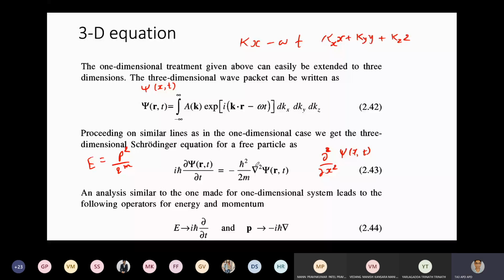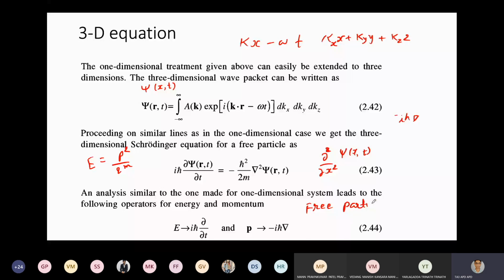So that should give you the momentum operator. Okay. So far what we have discussed is the Schrodinger equation for a free particle.